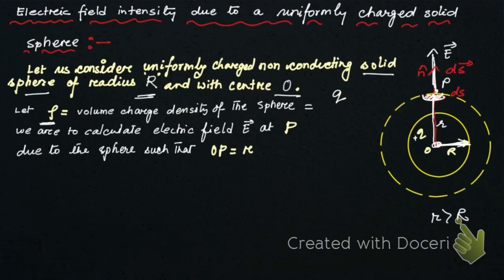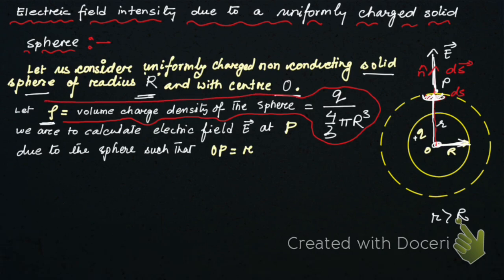If q is the charge enclosed by the sphere, then rho is q divided by 4 by 3 pi R cube, because the volume of a sphere is 4 by 3 pi R cube, where the radius of the sphere is capital R. So that is the volume charge density, rho.